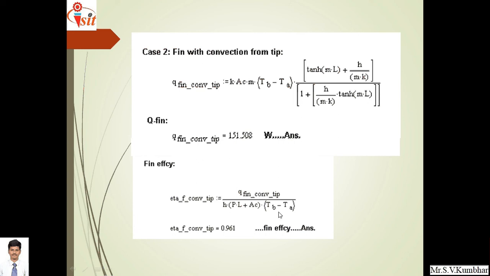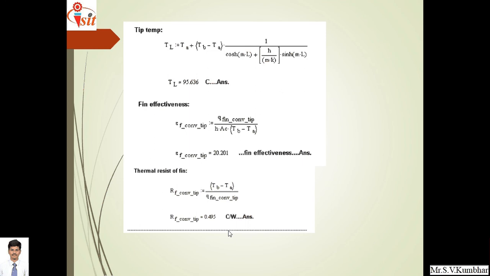h (P L plus Ac) into (TB minus TA). Substitute all the values, we will get its efficiency as 0.961, that is 96.10%. Tip temperature TL is equal to TA plus (TB minus TA) into 1 upon [hyperbolic cos ml plus h upon mk hyperbolic sin ml], and we will get its tip temperature as 95.63 degrees centigrade.